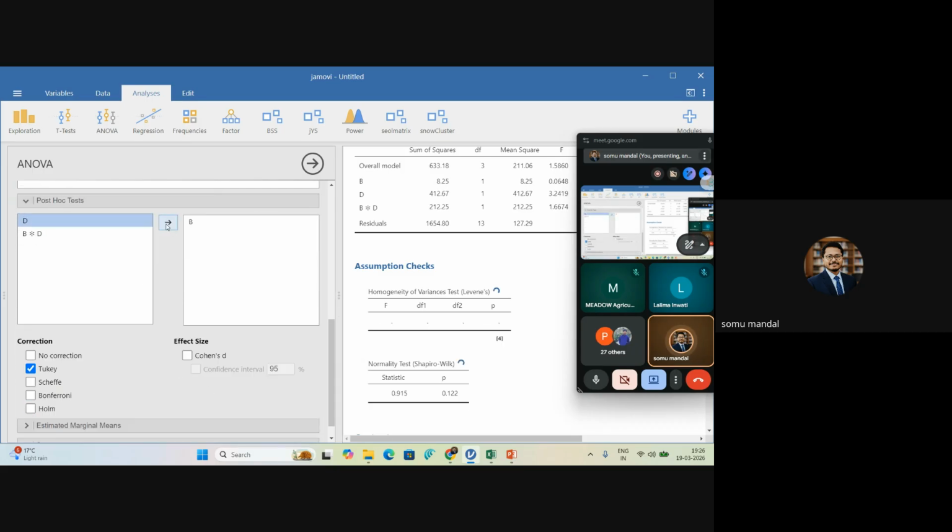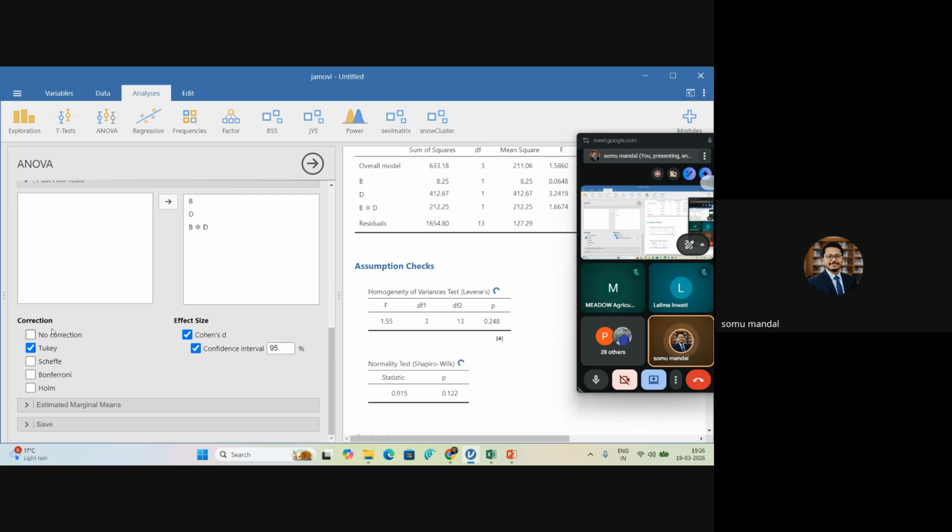How far the difference is statistically significant in case of different companies' fertilizer on agricultural production, irrigation, and their interaction. The Cohen's d actually indicates the magnitude of difference.